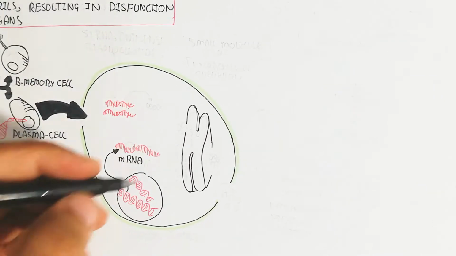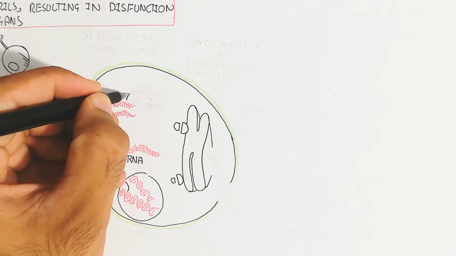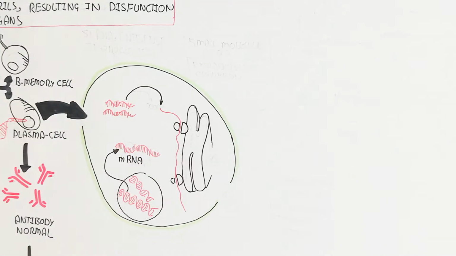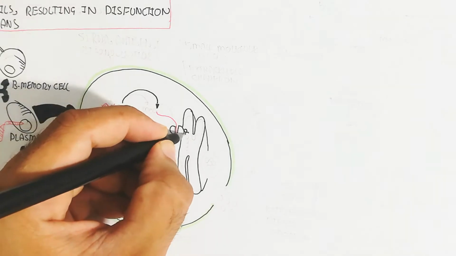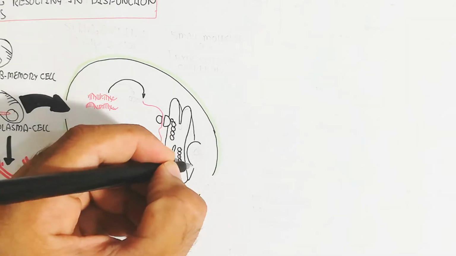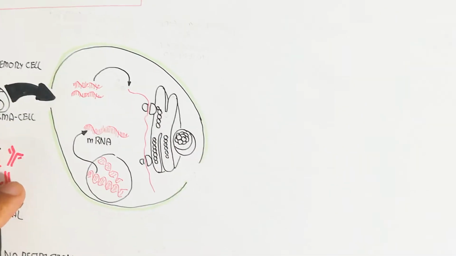transcribed messenger RNA, which the siRNA and antisense oligonucleotides basically bind here, goes to the endoplasmic reticulum to synthesize the protein, and the processed protein will be exocytosed.